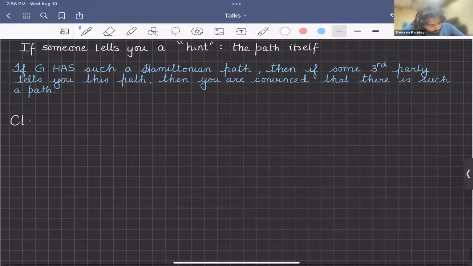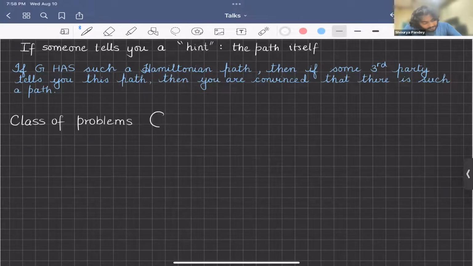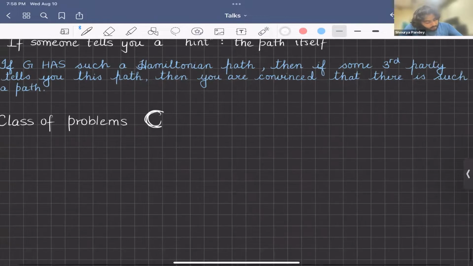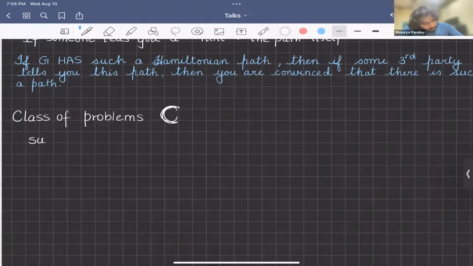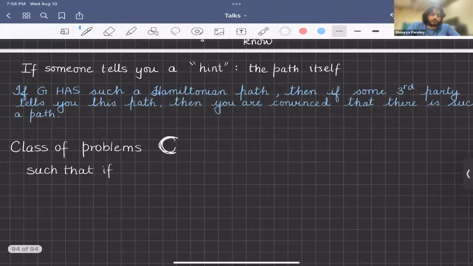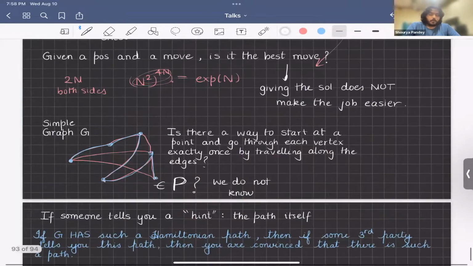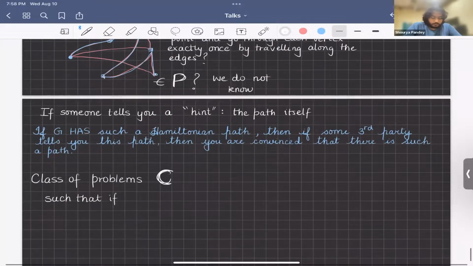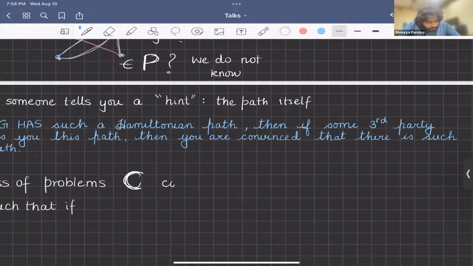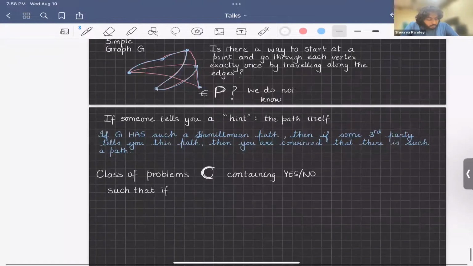So the point is there is a class of problems such that, this class of problems is special in the sense that the answers are either yes or no. So we only look at questions that have yes or no answers, containing yes-no problems.